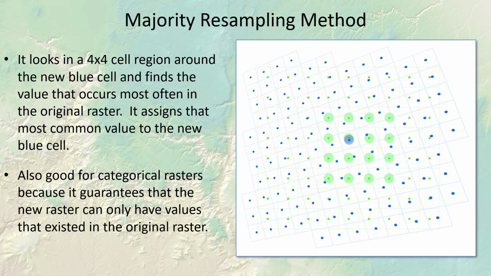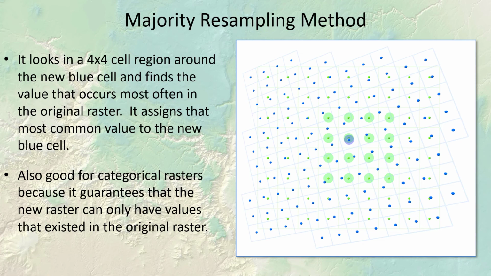Can you think of a reason why you would prefer, say, nearest neighbor over majority or vice versa? Or would you prefer bilinear versus cubic convolution? Remember, the difference generally between these 2 is the size of the neighborhood. Well, think about that. Consider it. We can discuss it.